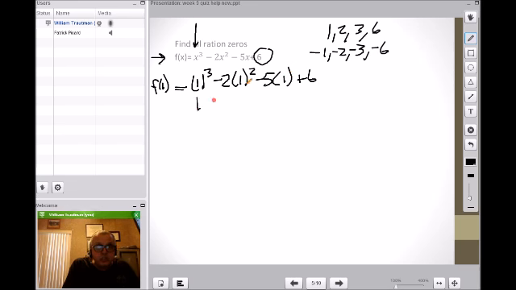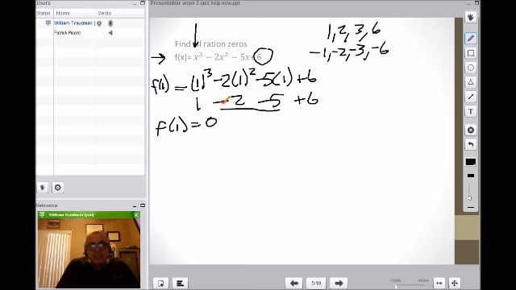1 to the third is 1. 1 squared is 1 times negative 2. Negative 5 times 1 is negative 5. Using the order of operations, 1 minus 2 minus 5 is minus 6, and 1 and 6 is plus 7. Do you see how if I plug 1 into the equation, I get 0 as an answer? 1 minus 2 minus 5 plus 6 equals 0.